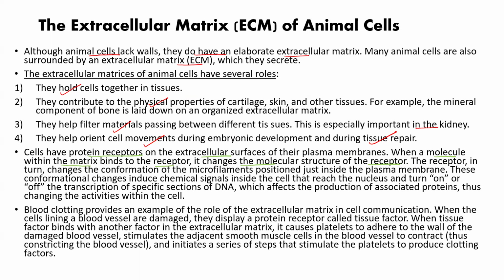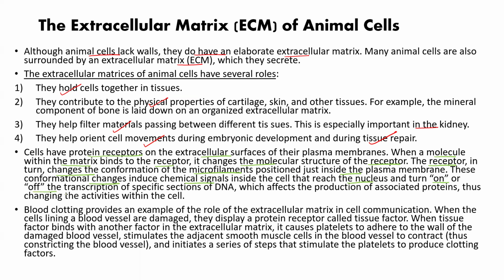Now this receptor protein is not only able to bind to the extracellular matrix, it is able to bind to the cell component also. The receptor in turn changes the conformation of the microfilaments present inside the plasma membrane.